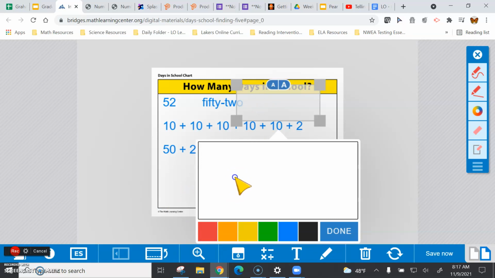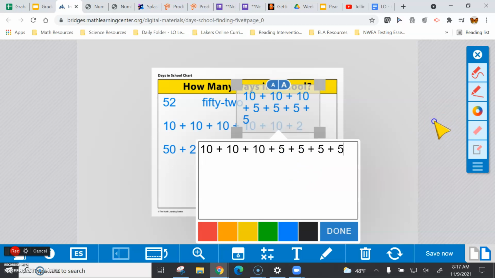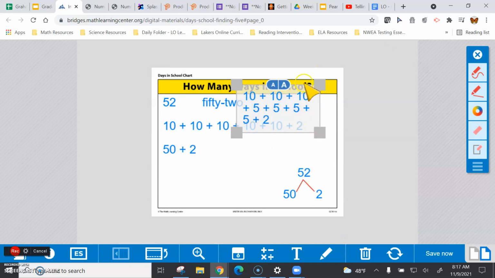So I am going to take 10 plus 10 plus 10, which is how much? 10, 20, 30, plus 5, plus 5, 35, 40, plus 5, plus 5, 45, 50, plus 2 as a way to make the number 52.